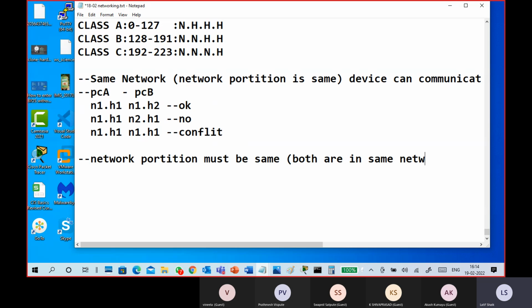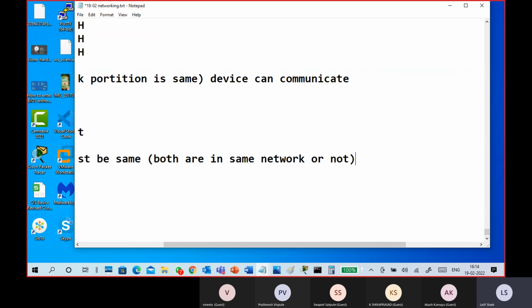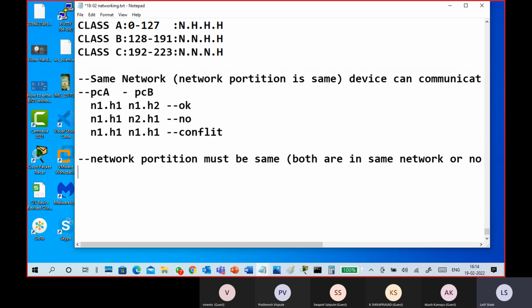Different means even one difference in the host portion is okay.